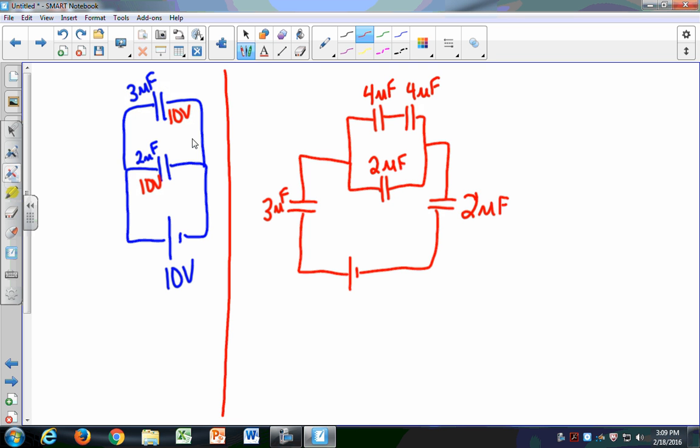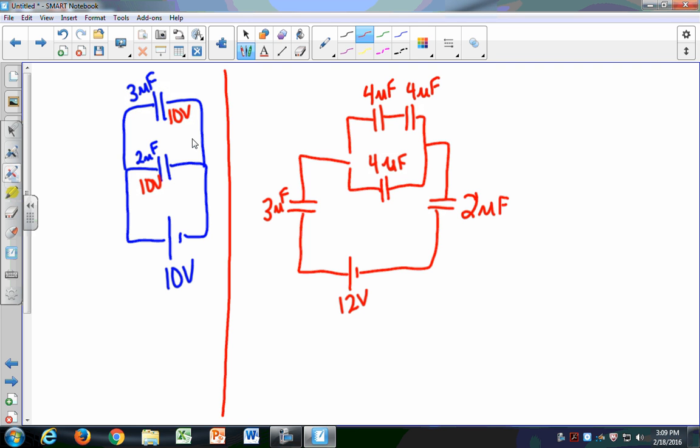Make sure that works out. No, let's make this 4 microfarad, I'm sorry. Yep, that'll work. And then I have 12 volts.